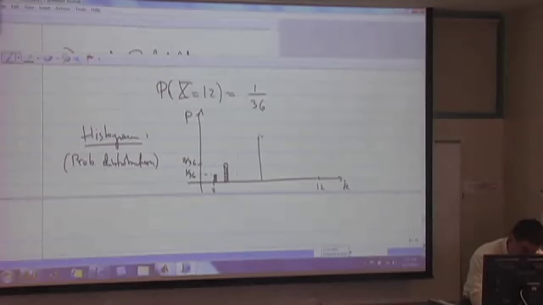You have to figure out what the maximum probability is going to be. I think when you have 7, that's 6 over 36. So 7 is kind of in the middle, right? The 8, which we computed, was 5 over 36. And then it comes back down to 1 over 36.